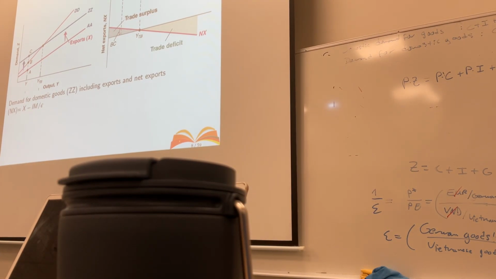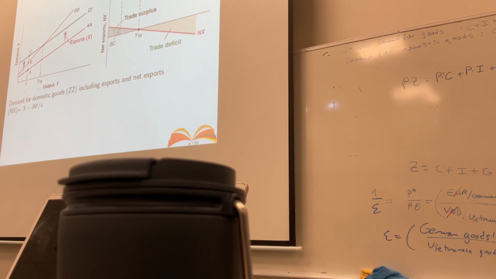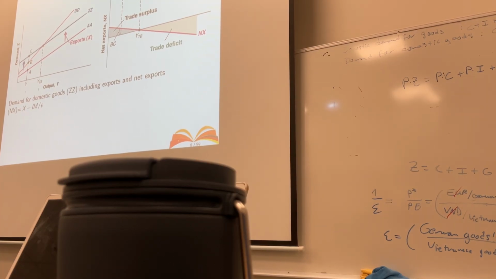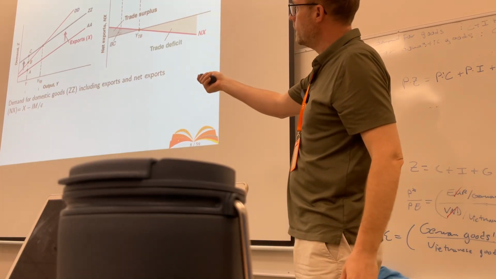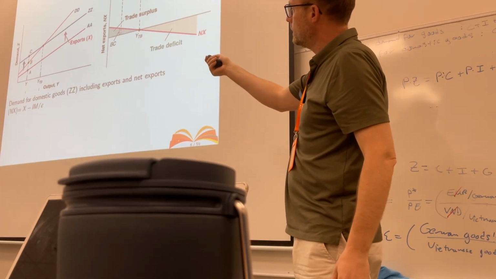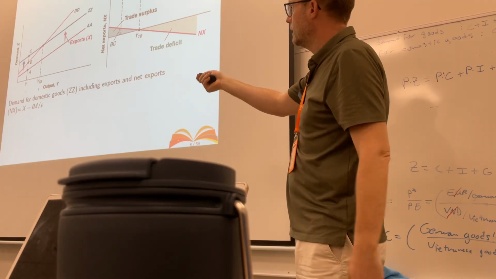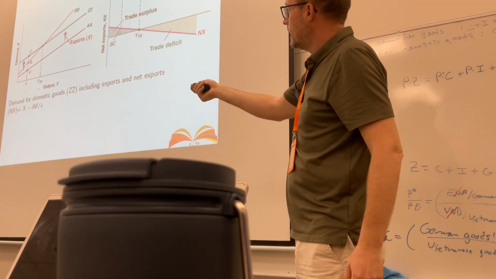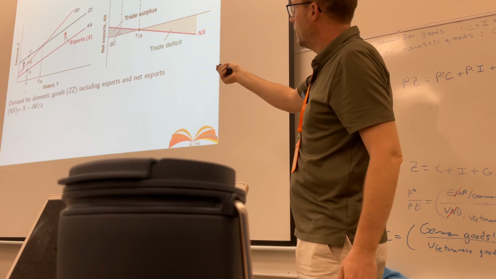These two things cancel out. So Z is equal to ZD when we have balanced trade. That's why we have this point of intersection here, the point of intersection of Z and our DD, right at the point where we have balanced trade.